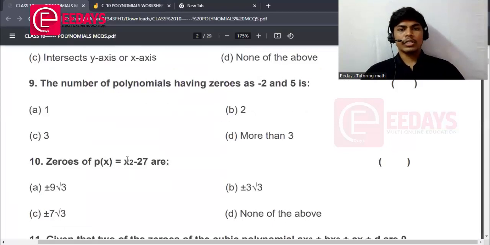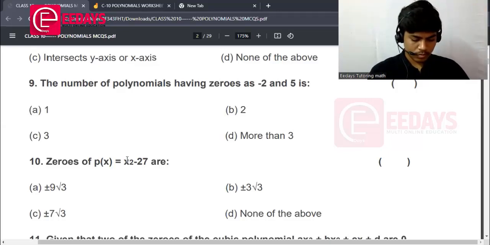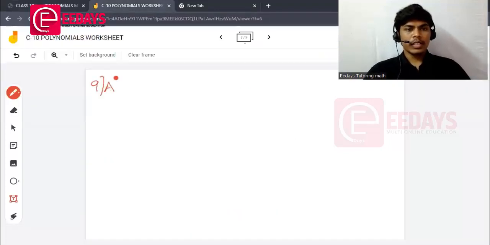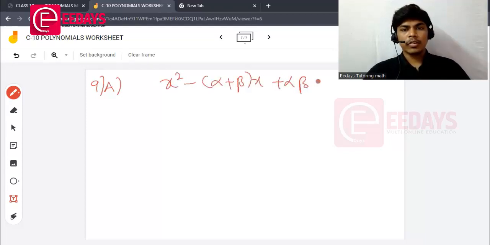Number of polynomials having zeros as -2 and 5 is. Find the number of polynomials having zeros as -2 and 5. So what type of polynomial is it? Let us take the general form of a quadratic equation: x square minus (alpha plus beta) into x plus alpha beta is equal to 0.